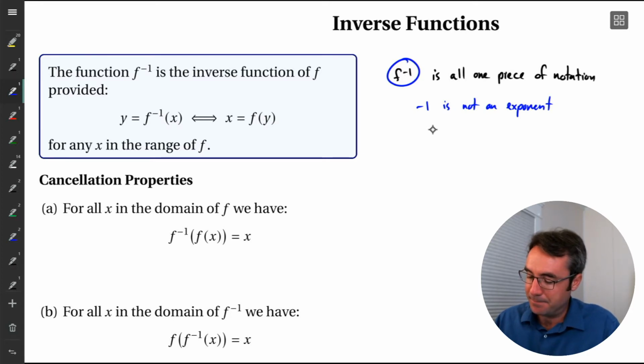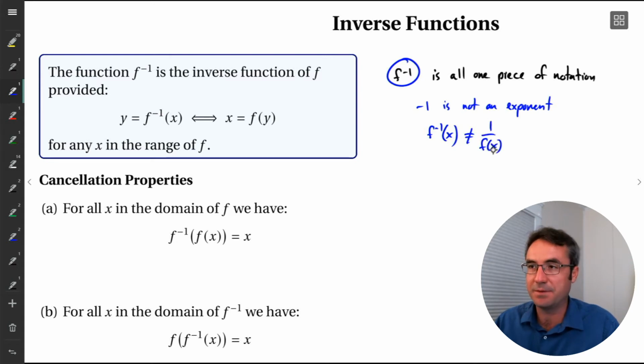So the inverse function evaluated at x does not equal 1 over f of x normally. Maybe there are some special cases where that's true, but in general, the inverse function evaluated at x does not equal the reciprocal of f of x. So it's not an exponent. Let's get that out of the way right away.